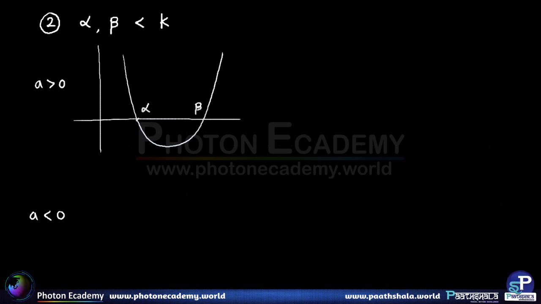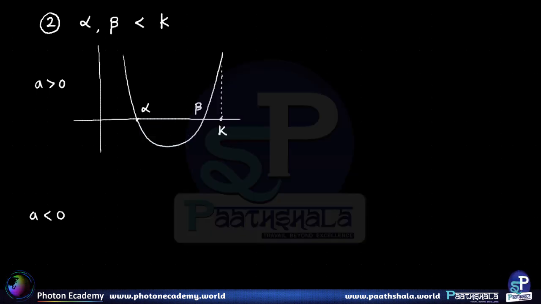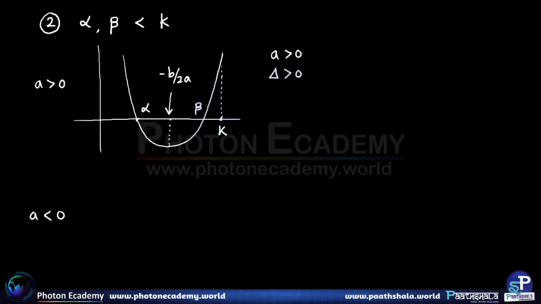Now here we want two roots less than k, so k will come obviously to the right side of the bigger root, and here also you will see that f of k is greater than 0, then this particular value is nothing but minus b upon 2a. So now here we have a is positive, delta is also positive. I think I would better write delta on top because that is anyway required to have the roots.